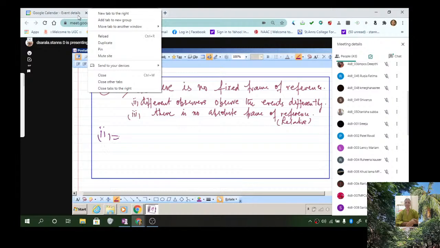Now let us see, what does the second law imply? The second law is derived from the Michelson-Morley experiment.